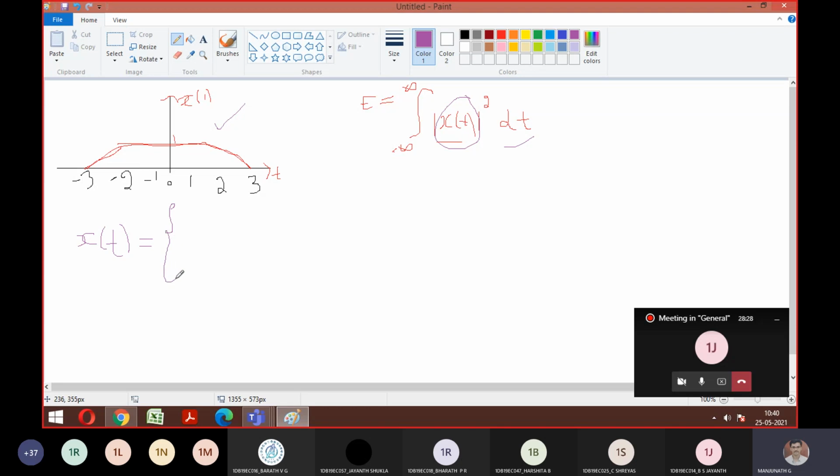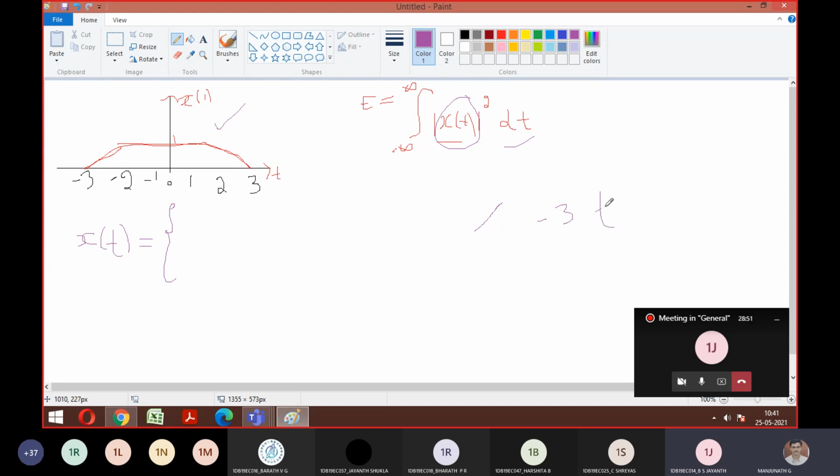So now you should tell me how to find this x of t. Look at the diagram and tell me carefully how to write this type of problem in terms of equations. Observe carefully how many different pieces you can see in the waveform. There is an increasing ramp from where to where? From -3 to -2.